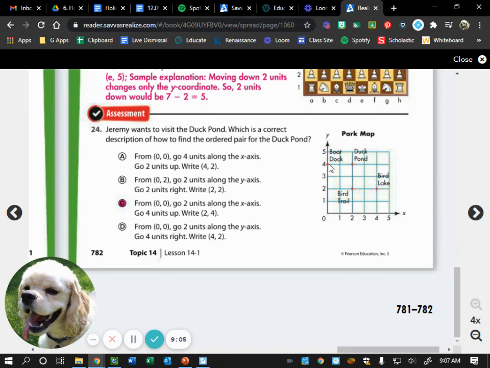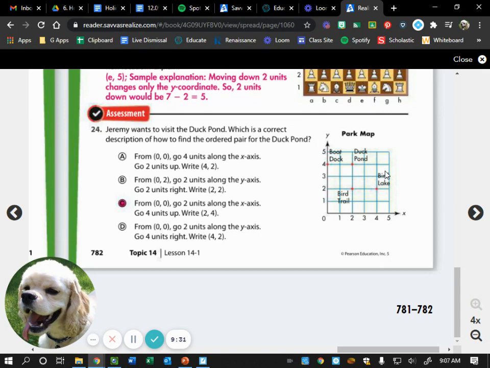Go 2 units right, 1, 2. Write 2, 2. Is 2, 2 the right coordinate for this? No. So that is why B is incorrect. Then D said 0, 0, start there, go 2 units along the y-axis, 1, 2, go 4 units right, 1, 2, 3, 4. And again, that's at Bird Lake.